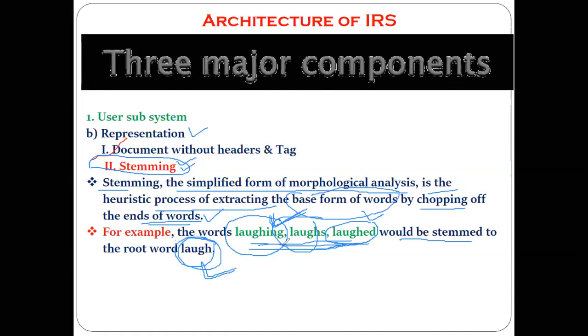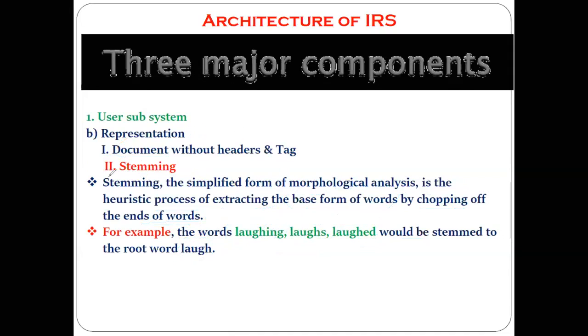Even if you search for laughing, laughs, or laugh, the system will chop these end parts, and that is called stemming, and the system will focus only on the root word, laugh. That is the second part in the representation, stemming.